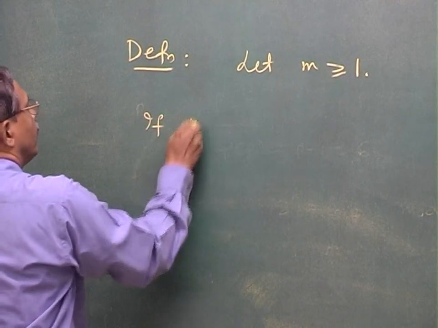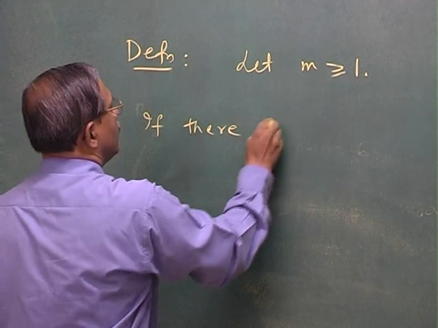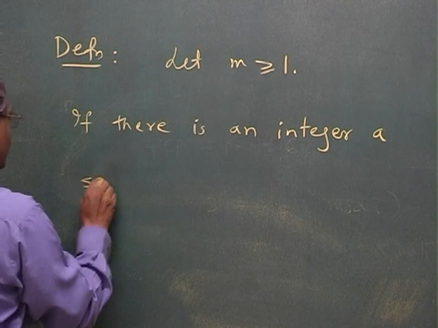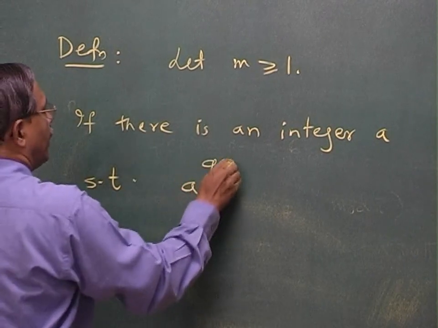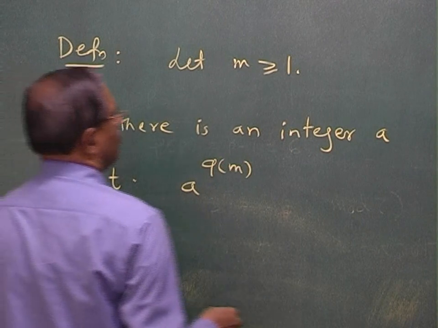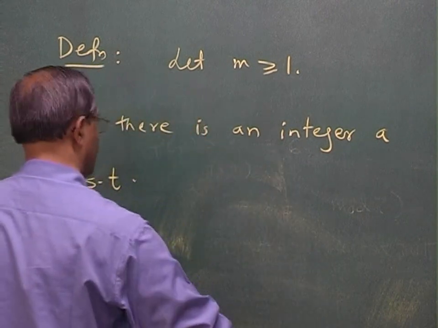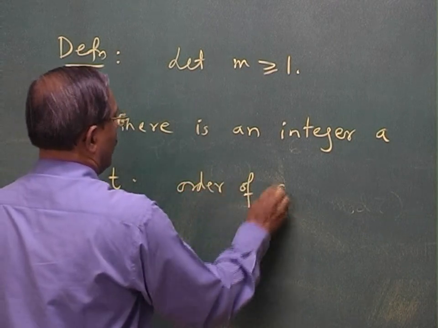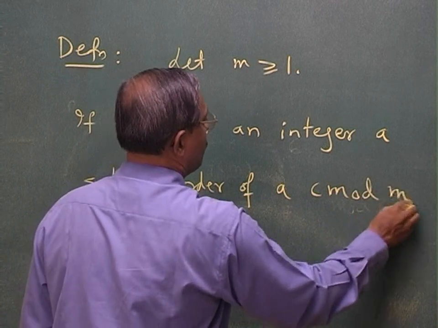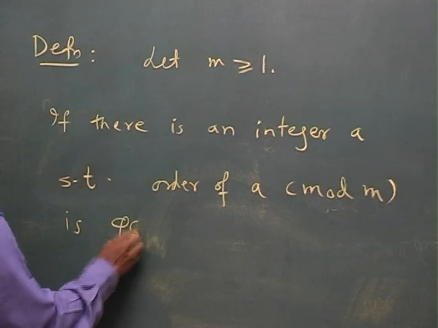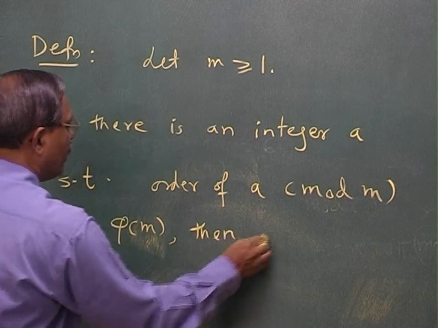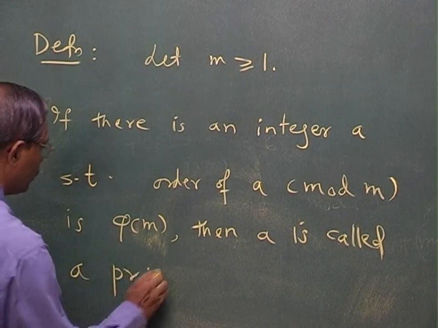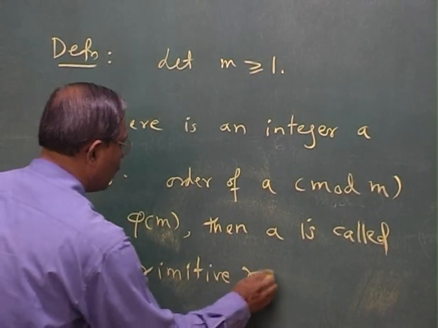If there is an integer a such that, in short, the order of a mod m is phi of m, then a is called a primitive root mod m.